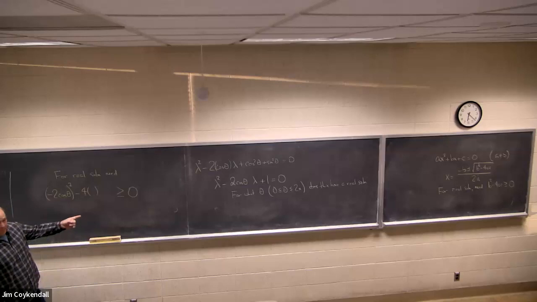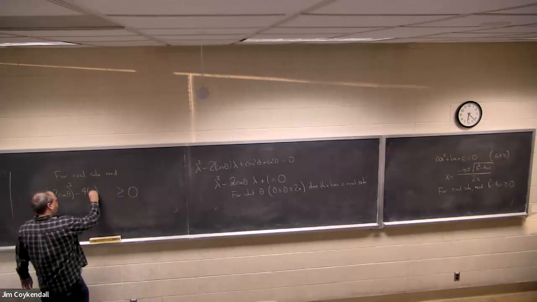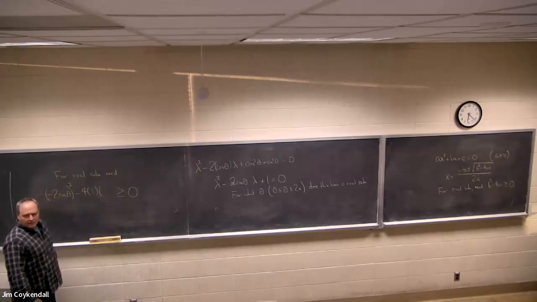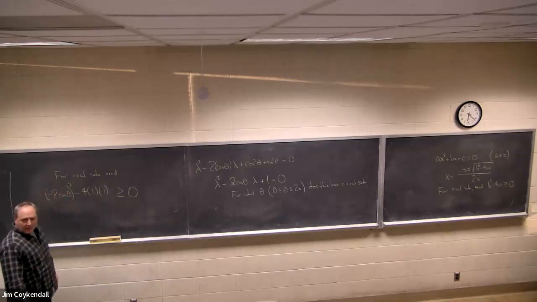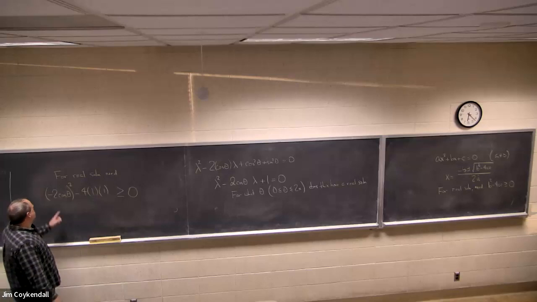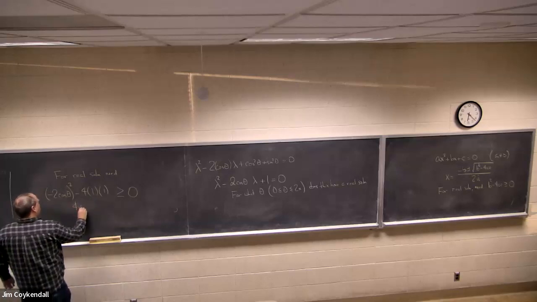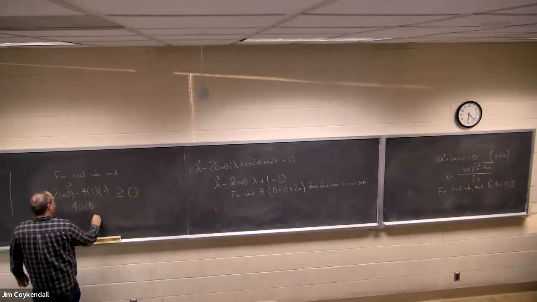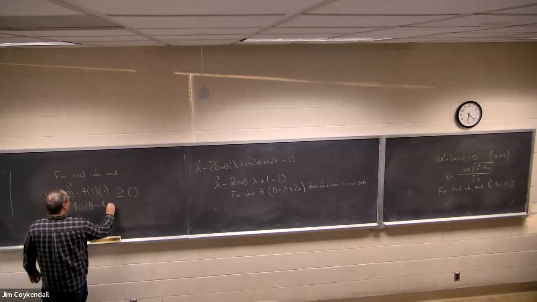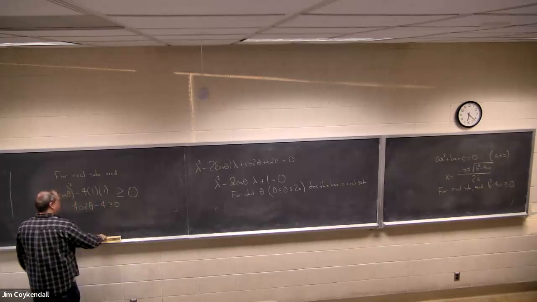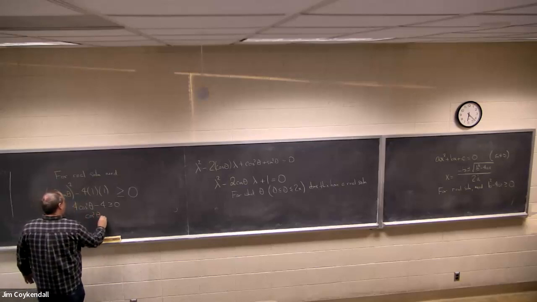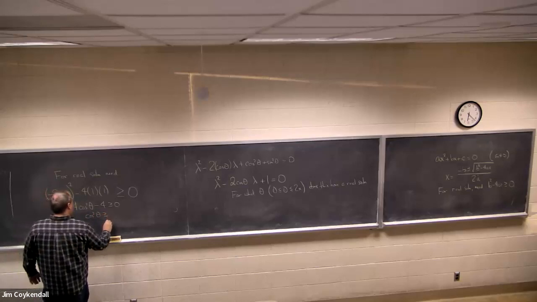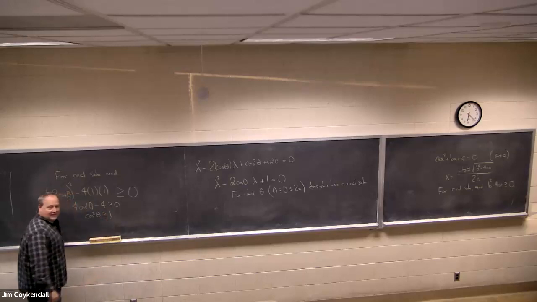A is just 1. And C? Also 1. I agree with that? So I get 4 cosine squared theta minus 4 is greater than or equal to 0. So I get cosine squared theta is greater than or equal to 1.